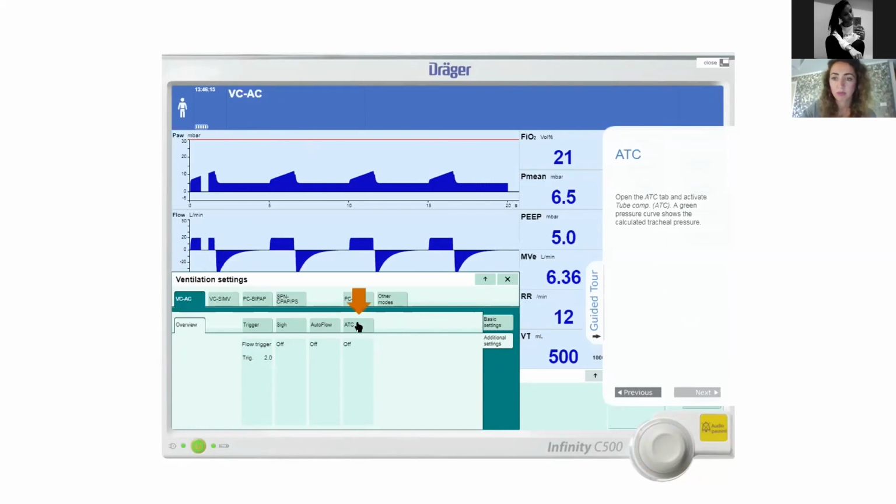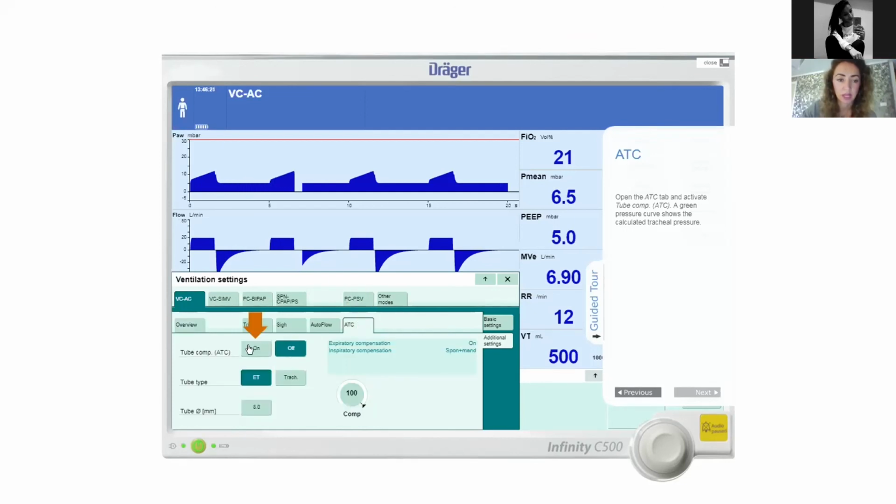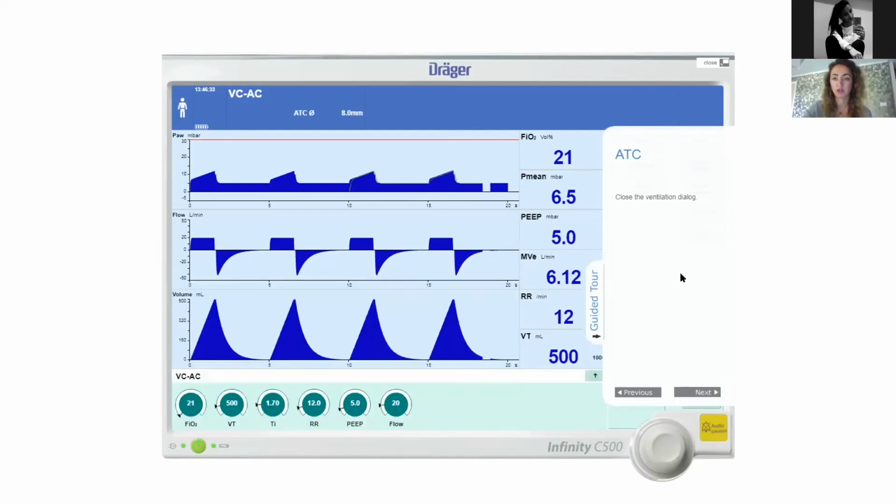And we have active tube compensation, and we choose that one. We are saying that the patient is having a tube, confirm that, and we will get help from the ventilator to show us if the patient is ready to be weaned from the ventilation.